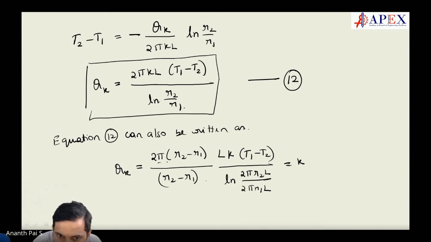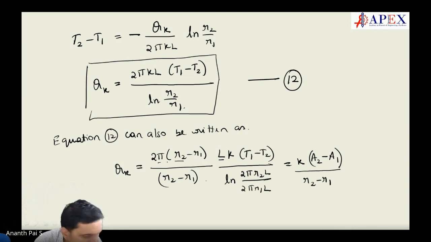Now this together comes as K into, here you see 2 pi L into R2 is A2, so A2 minus A1 divided by R2 minus R1, into T1 minus T2 divided by log of A2 by A1.